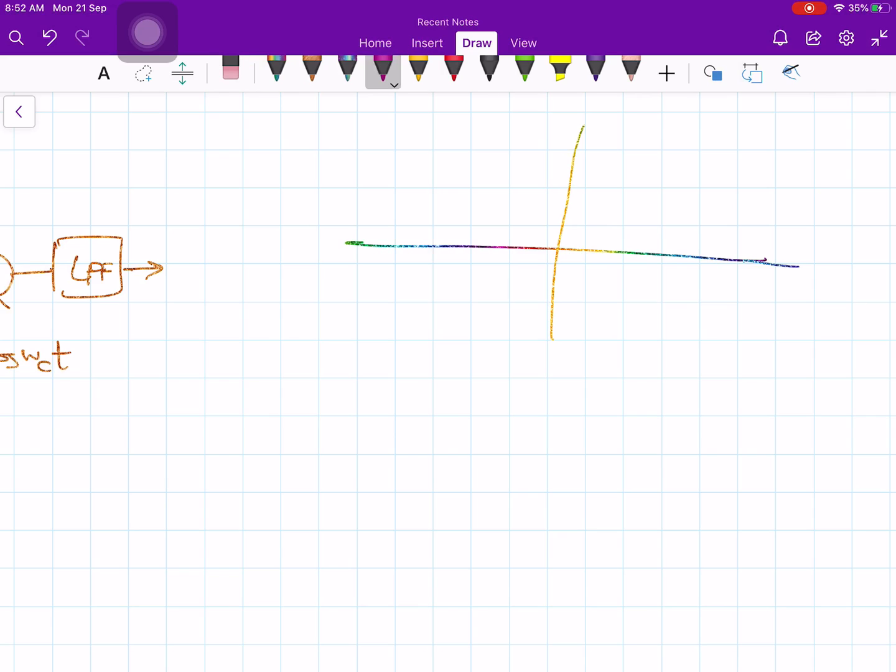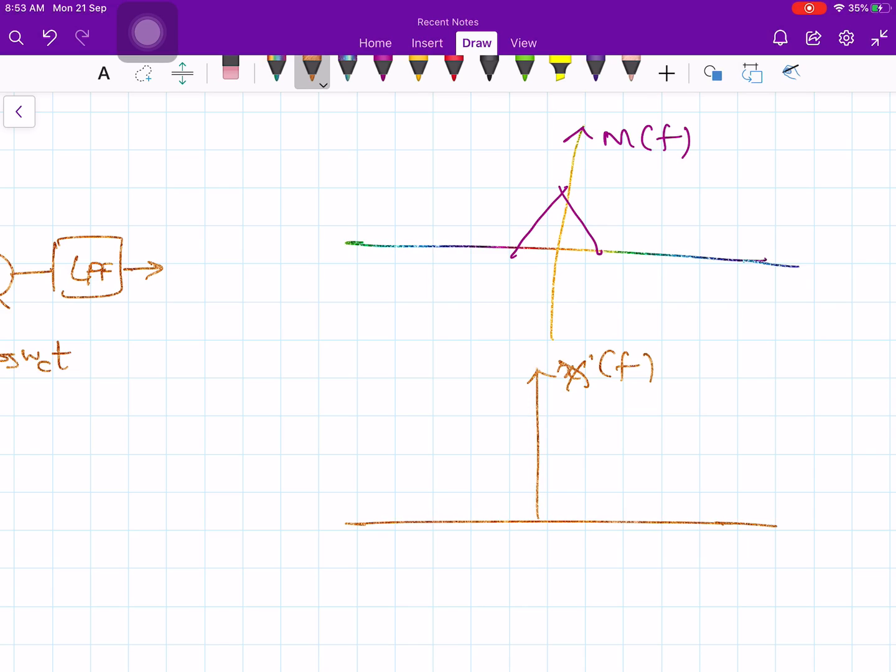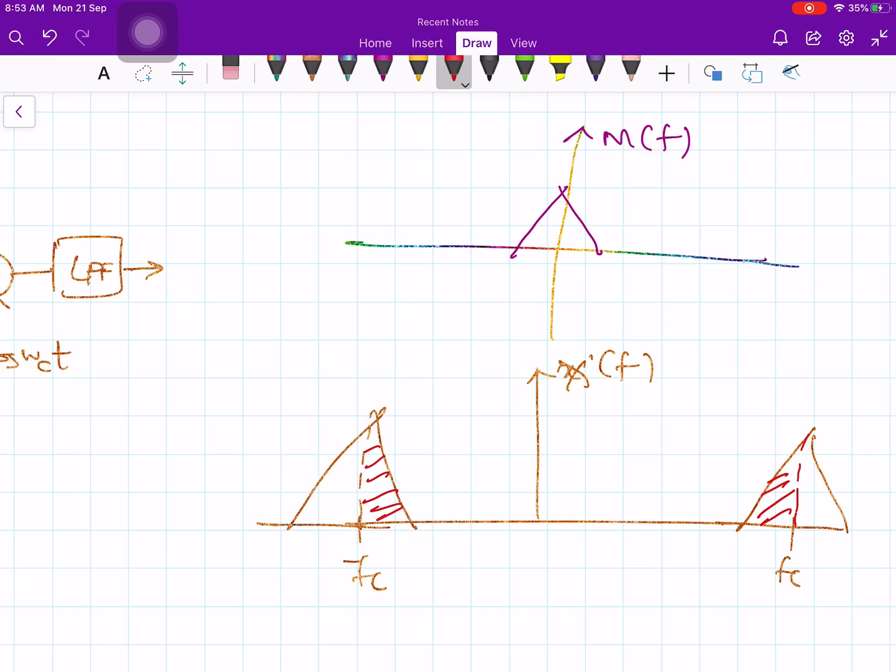Let's say this is your M of f, recall from your amplitude modulation, then your modulated signal X of f will contain like that. So this is fc and this is minus fc. And what is this? These are lower sidebands. And what about this one? Upper sideband.